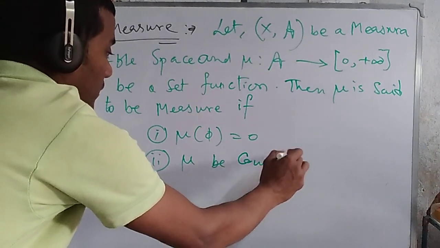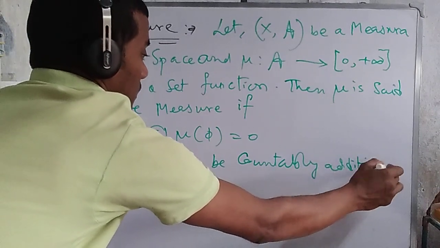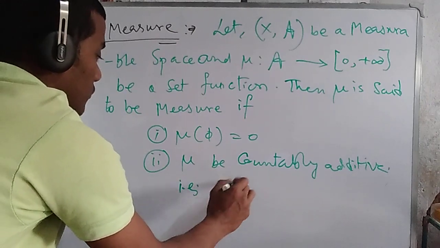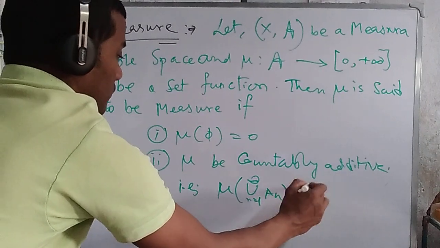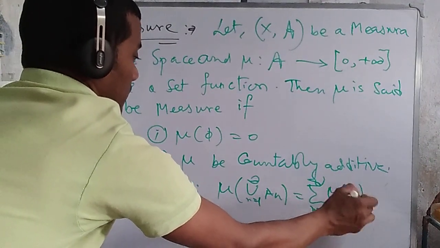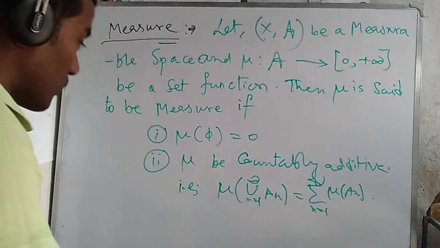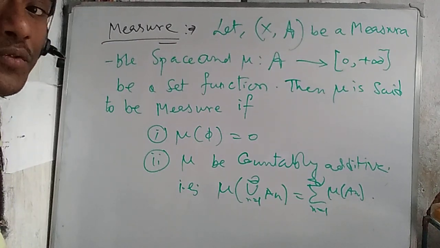Countably additive means mu of the union over n equals 1 to infinity of A_n equals the summation over n equals 1 to infinity of mu of A_n. This is the definition of measure that we discussed today.